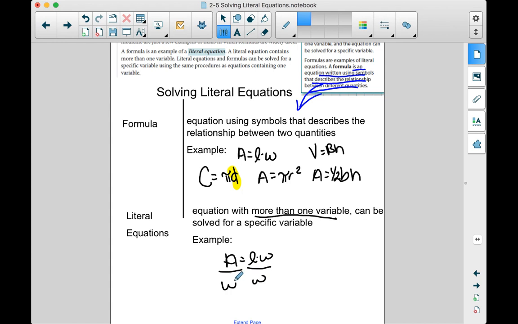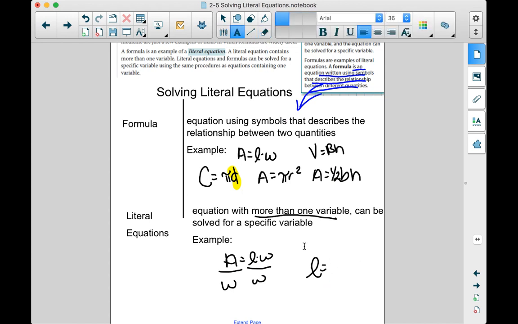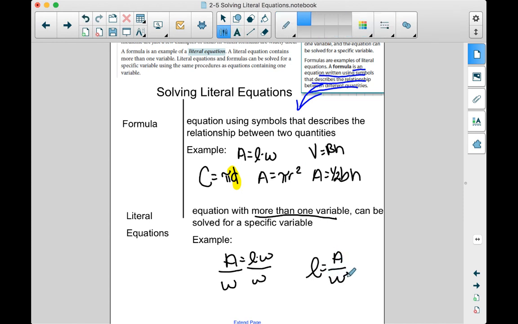So length equals the area, oops, I said area, divided by the width. Because they cancel, and then I had that left here. All I did was flip it. And I do my L's in cursive so they don't look like ones. All I did was flip it, and that's how I got my literal equation.